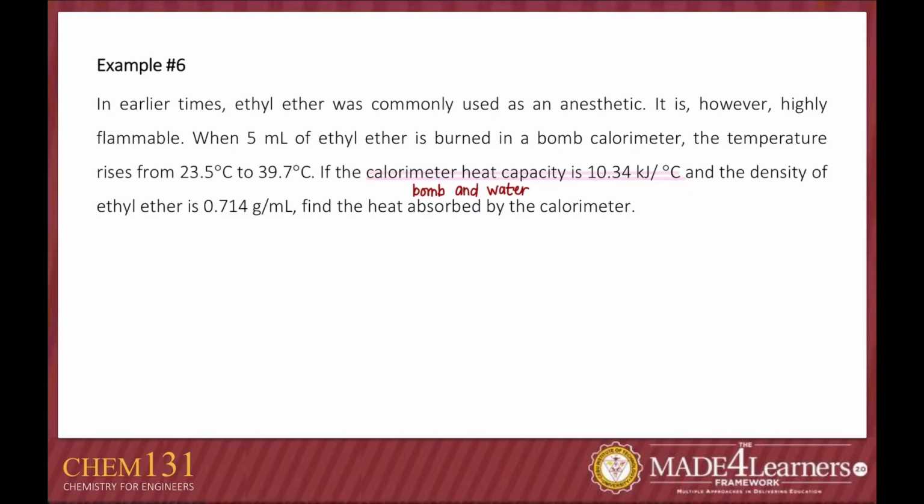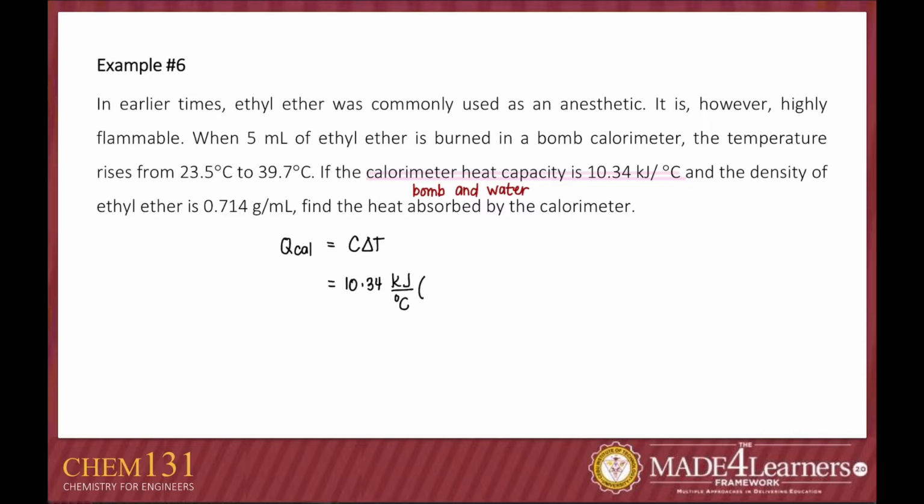Okay, so the formula is Q calorimeter is equal to C delta T. Very simple. And because the heat capacity of the calorimeter is already given, that's 10.34 kilojoules per degree Celsius, and the change in temperature of the calorimeter is given.